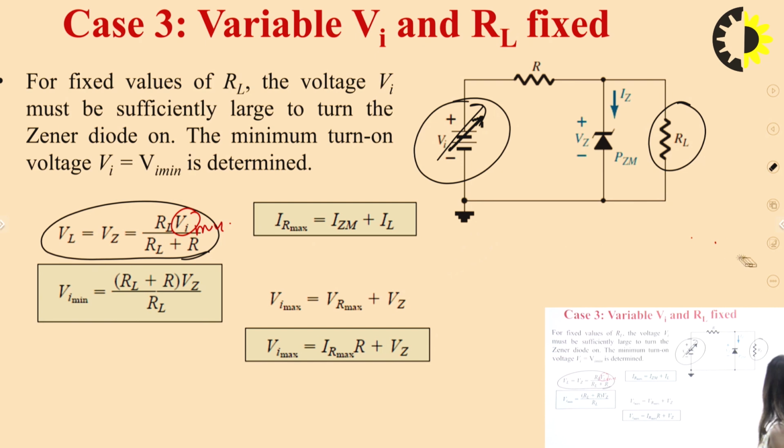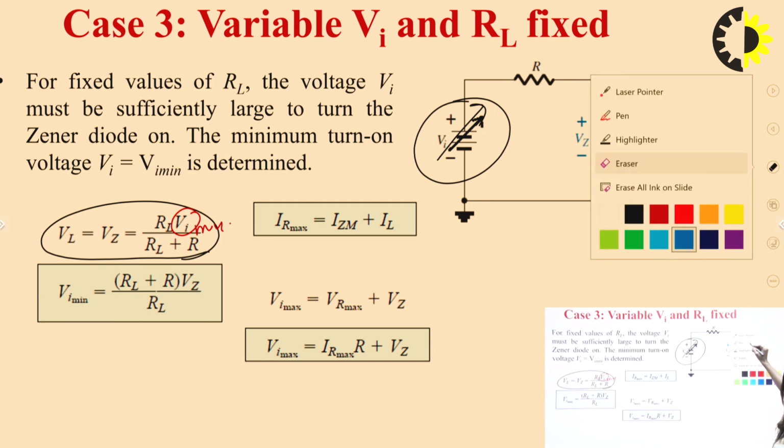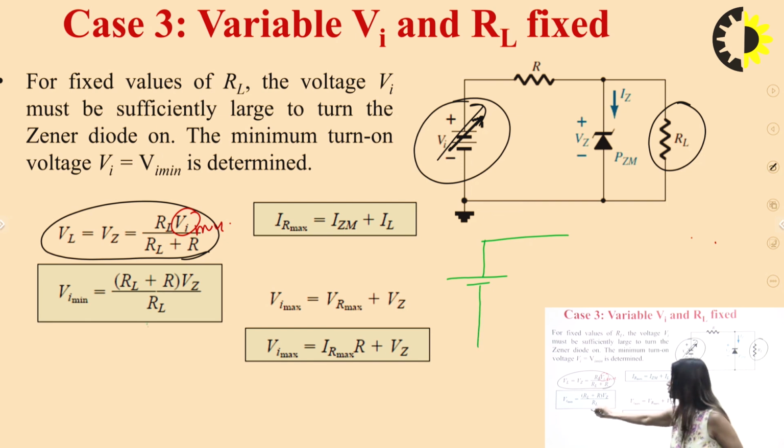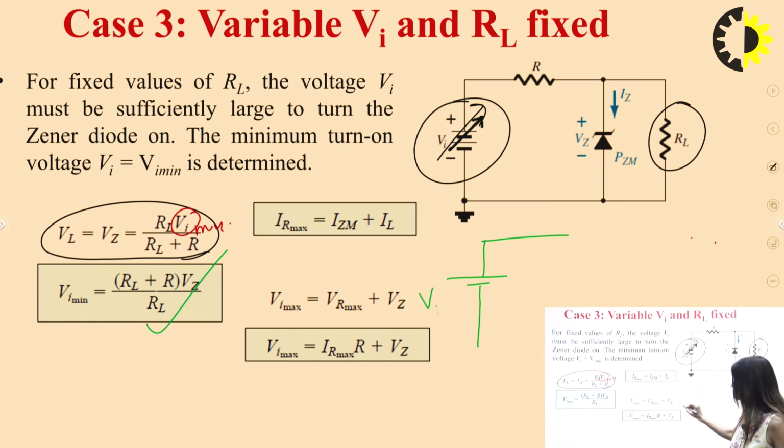So what I am doing is, Vi minimum we have already found out from this formula. This is done. Now I will write it as Vi maximum.